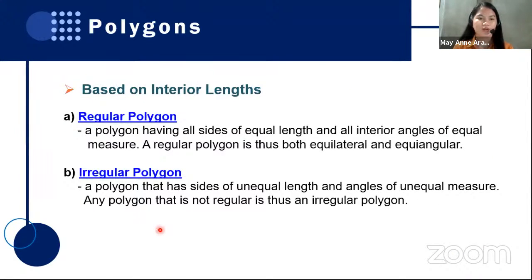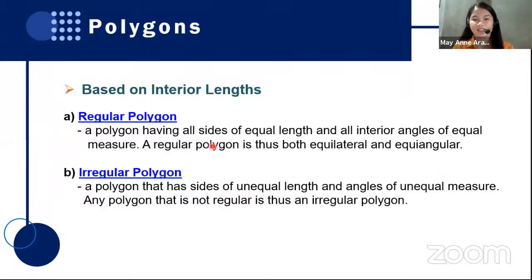Aside from that, we can also classify them based on their side lengths. A regular polygon is a polygon having all sides of equal length and all interior angles of equal measure. A regular polygon is thus both equilateral and equiangular.